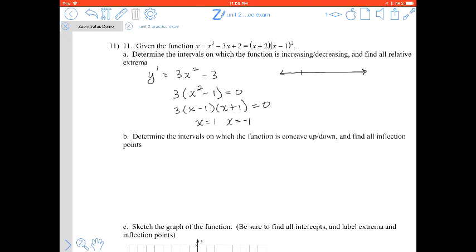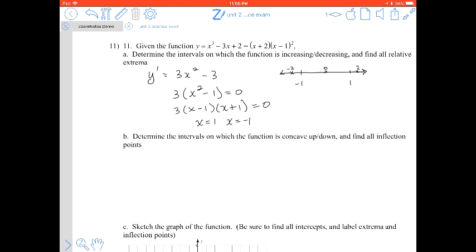Now to find out where it's decreasing and increasing, we test values in the first derivative. So I'm going to test -2, 0, +2. Remember, we're testing this into the first derivative because we want to figure out increasing or decreasing. Those are rates of change. First derivative tells us rates of change.